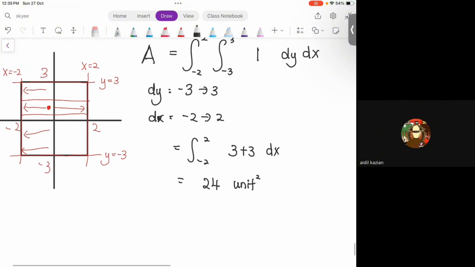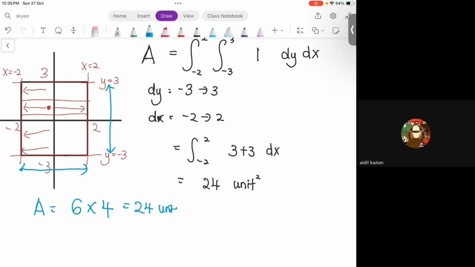How to find the area of a square? You measure the length here and the length here, and then multiply. So the area will be 3 plus 3, 6, multiplied by 2 plus 2, 4, so equals 24 units. It's the same thing.